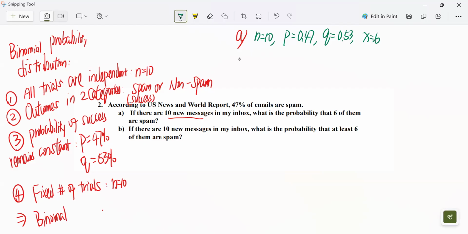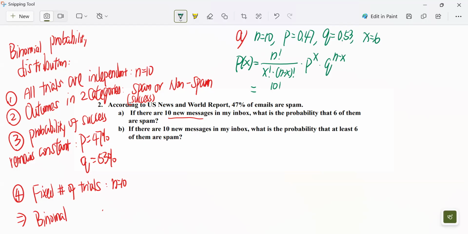The formula is P of X equals n factorial over x factorial times n minus x factorial, times P to the X times Q to the n minus X. We're picking 6 successes out of 10 trials, which is why it's a combination.